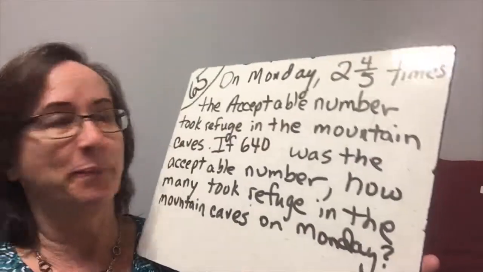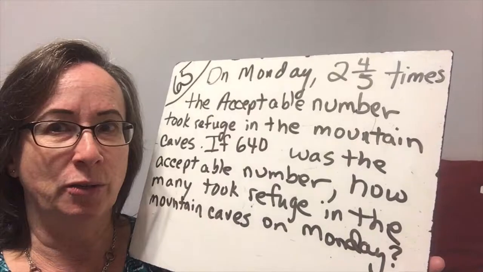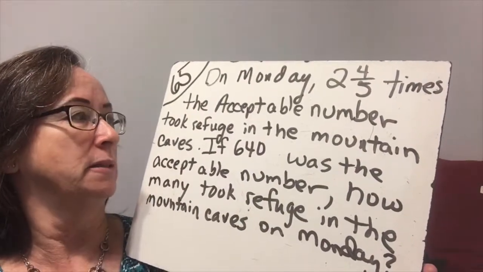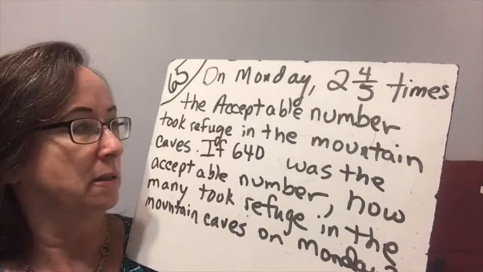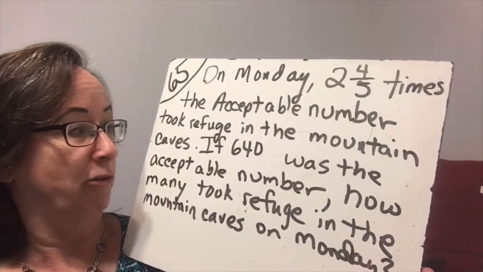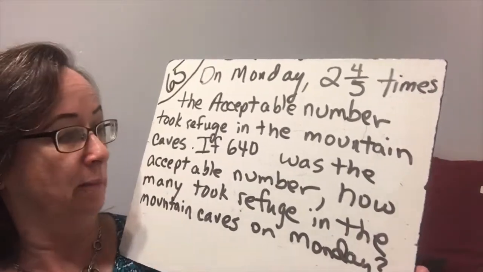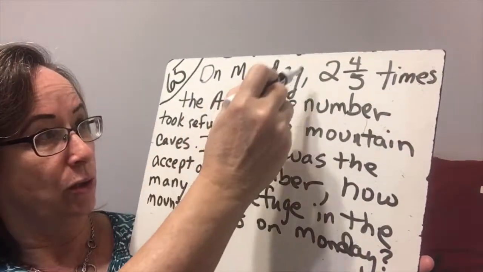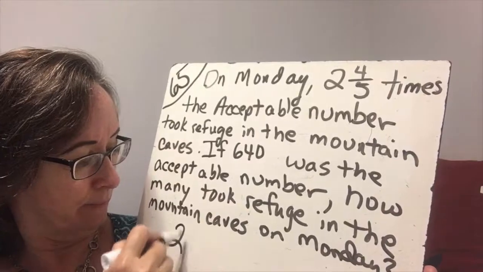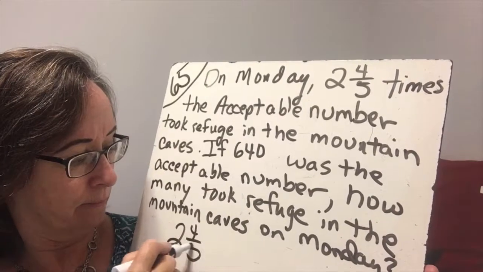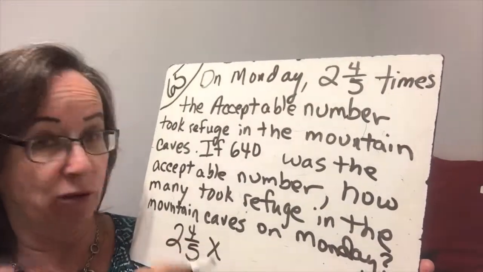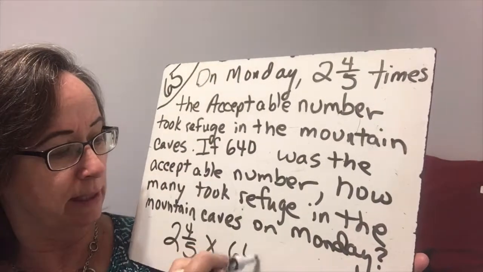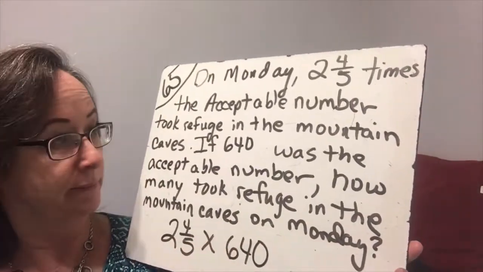All right, so here we go. On Monday, 2 4/5 times the acceptable number took refuge in the mountains. So 640 was the acceptable number. So we're going to say 2 4/5 times, they even told us it's times, the acceptable number, but then down here they told us the acceptable number.